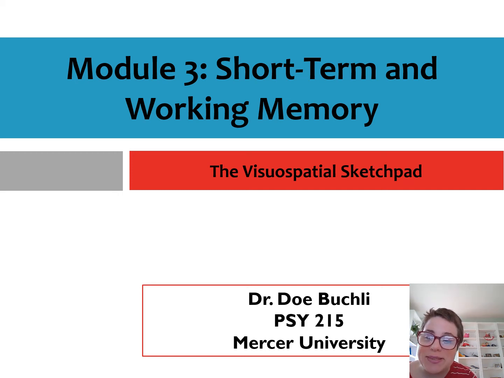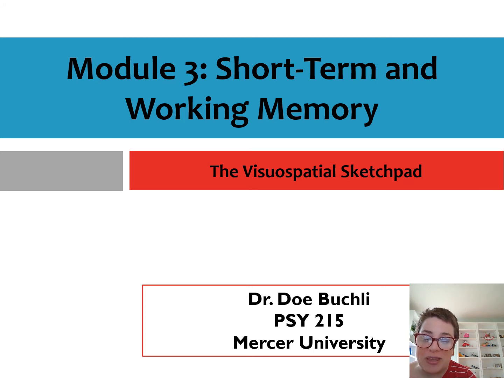All right, so in this video, I'm going to continue our discussion of Module 2A, which provides a review and supplement to your textbook's Chapter 5, which covers short-term and working memory.